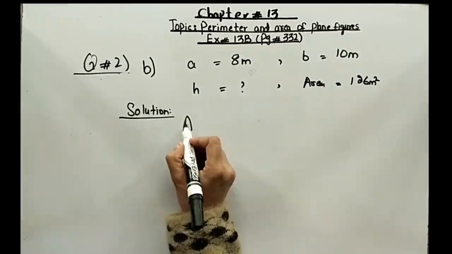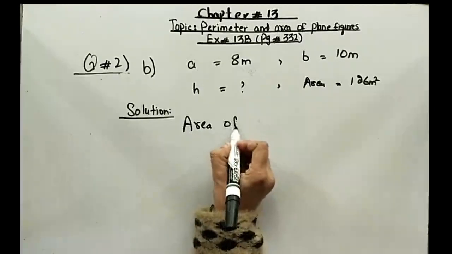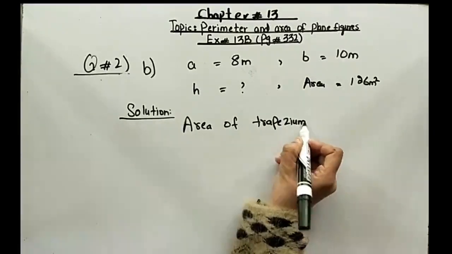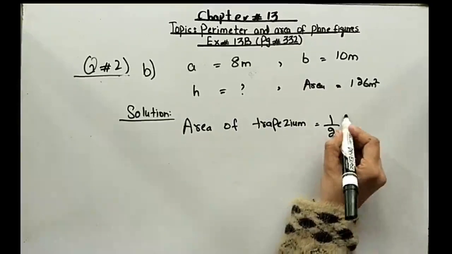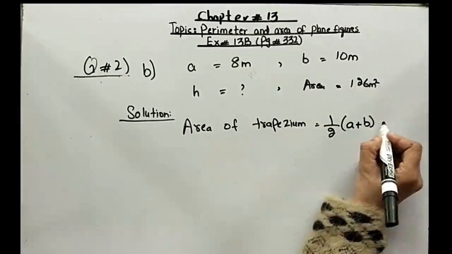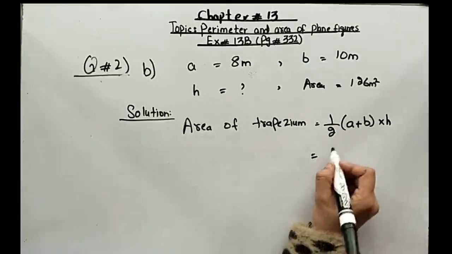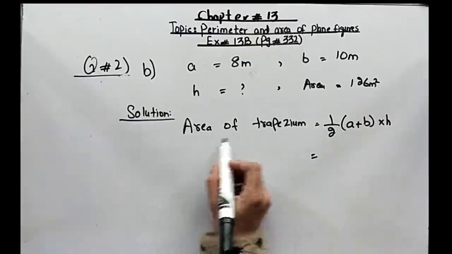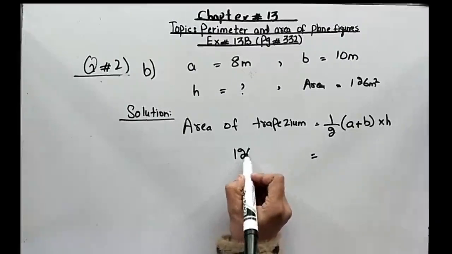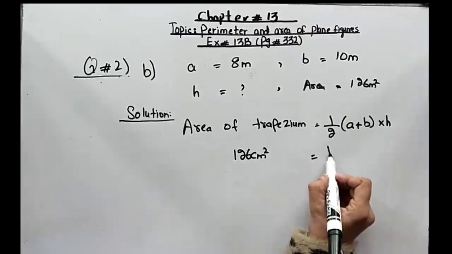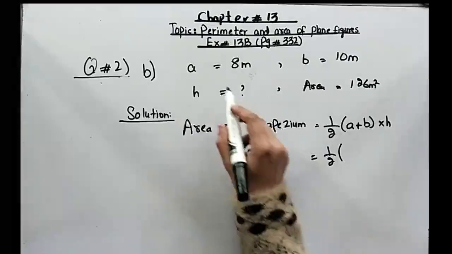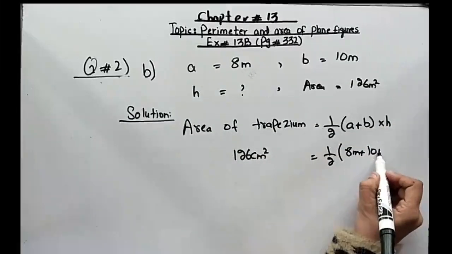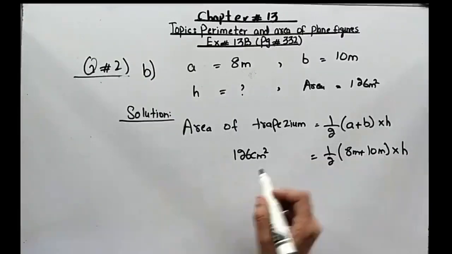So simply beta, first we will write the area of the trapezium formula: half the addition of two parallel sides multiplied by h. So put in the value of the area and the parallel sides. Area of trapezium is given 126 meter square, half, 1 by 2, A 8 meter plus B is equal to 10 meter, multiplied by h which is missing.